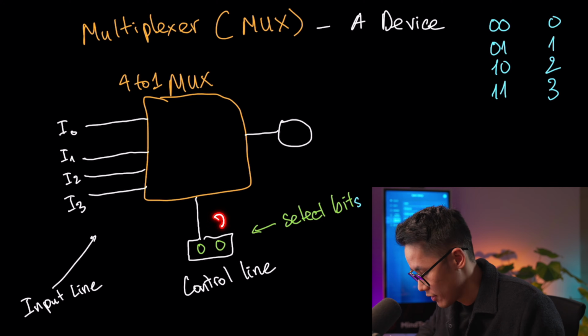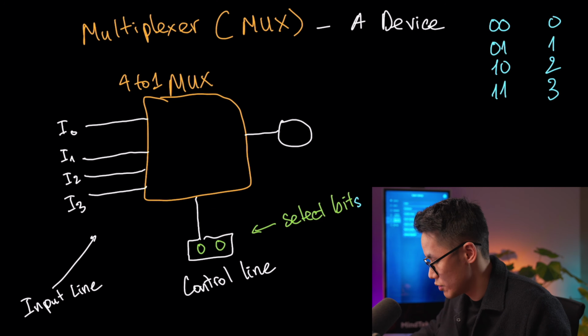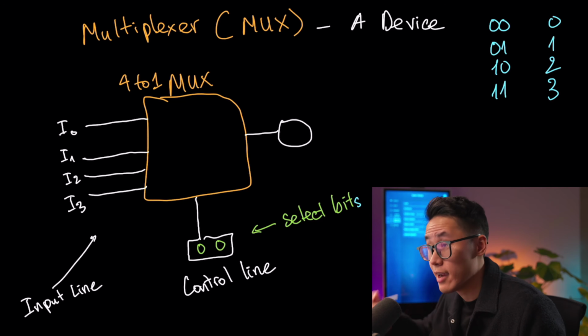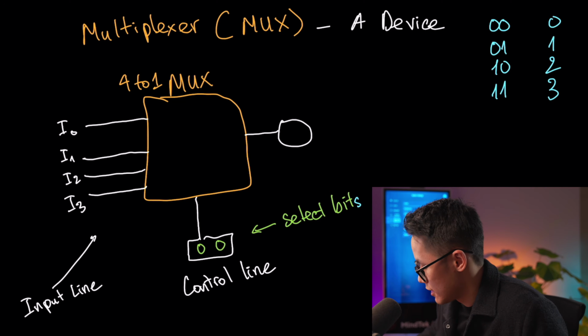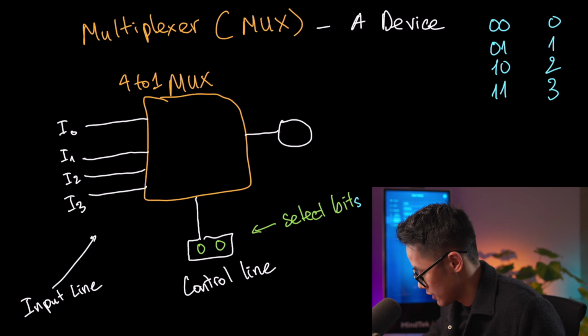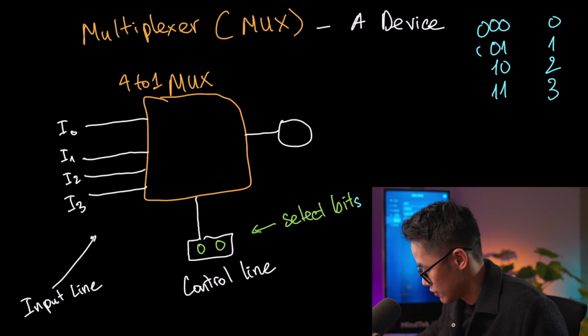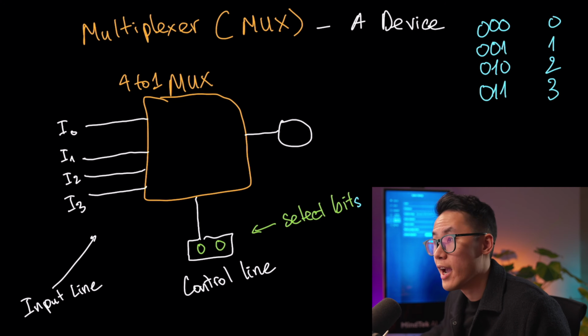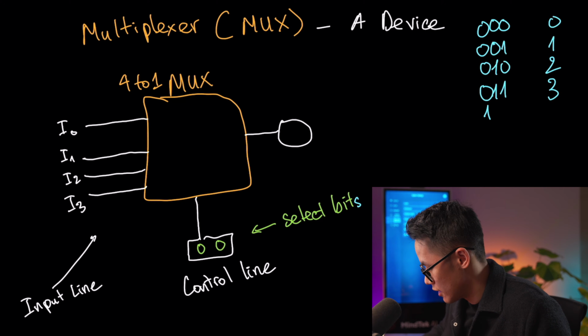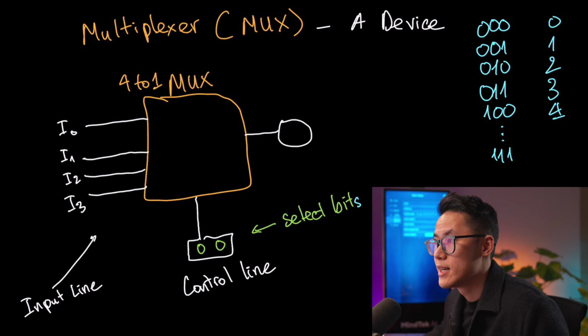So let's say I have 3 select bits, which means instead of 0, 0, it can be 0, 0, 0, like this. And then I can keep going. 1, 0, 0, which represents the input 4, all the way to 1, 1, 1.